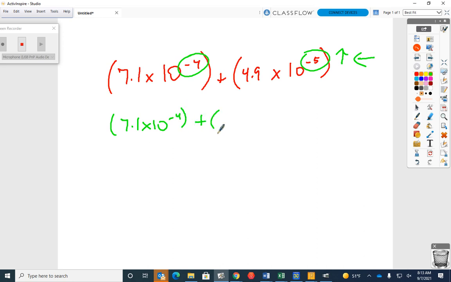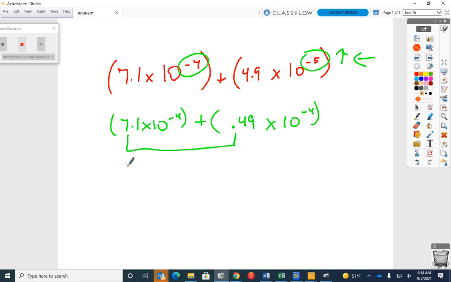Plus, now if I go up to negative 4, I'm going to move this decimal one place where? To the left. Why? Because my exponent went up. So this is no longer 4.9. If I move this one place, what does this become? 0.49. Now let's add this plus this.